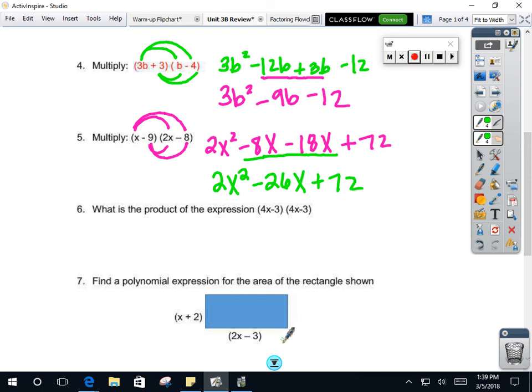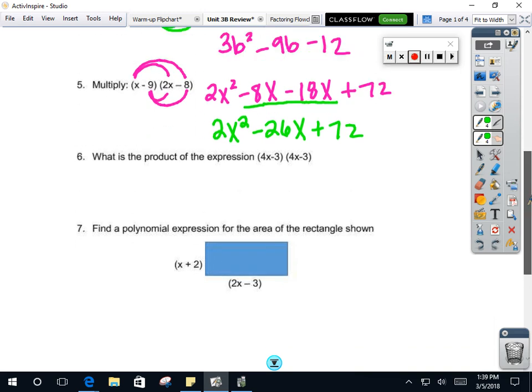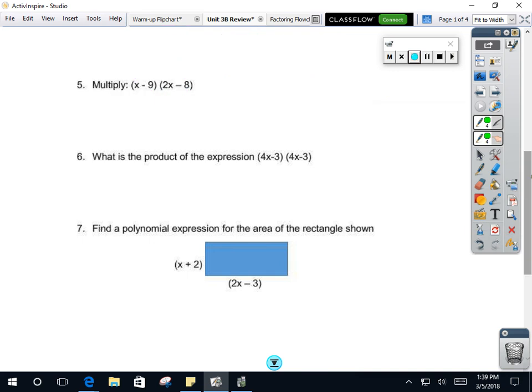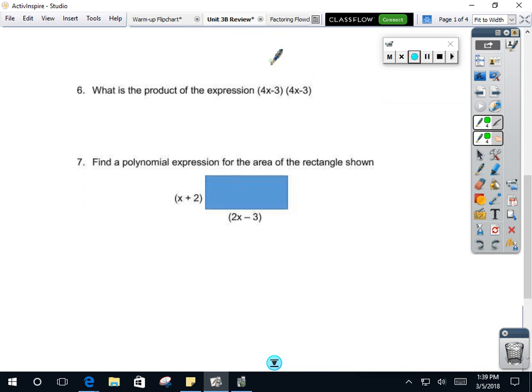All right, number 6. What is the product of the expression? So what do we do? Right. Can I erase the previous one? All right, number 6. 4x times 4x is 16x squared. 4x times negative 3 is negative 12x. Negative 3 times 4x is negative 12x.